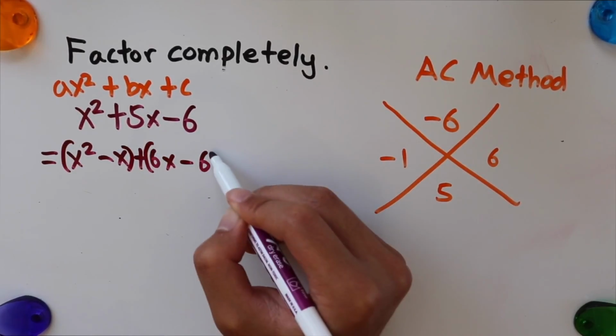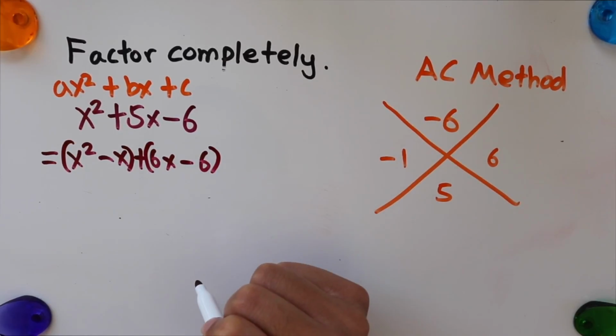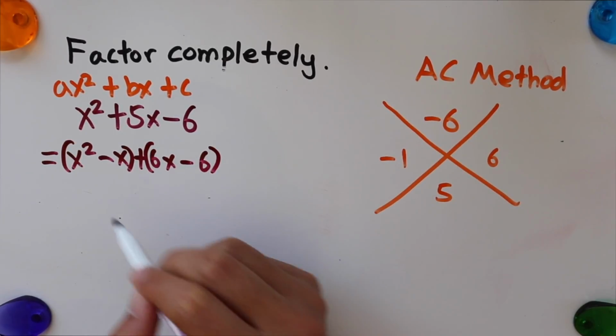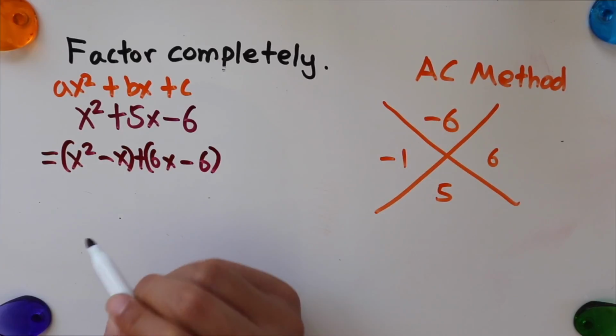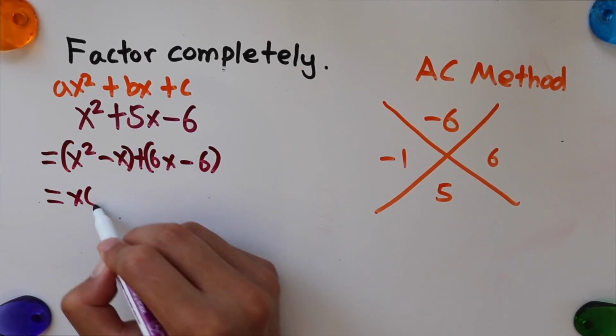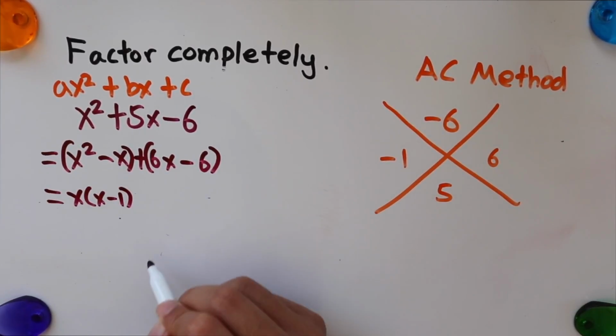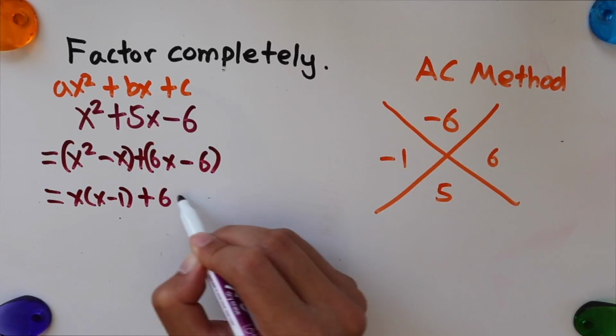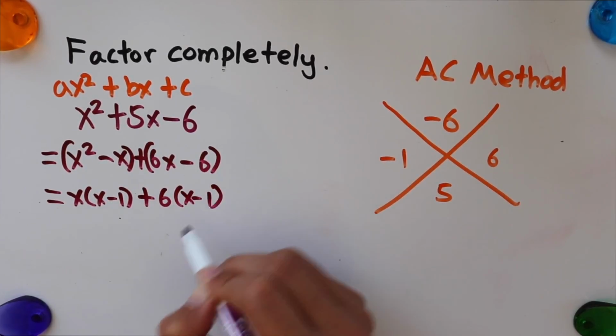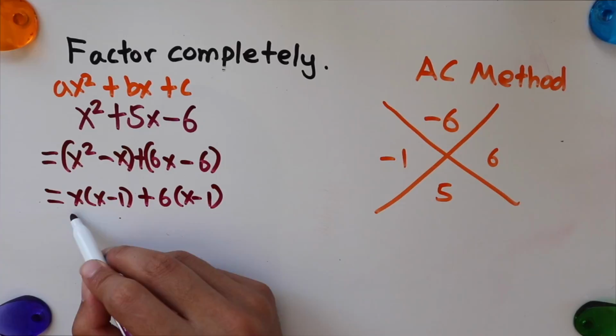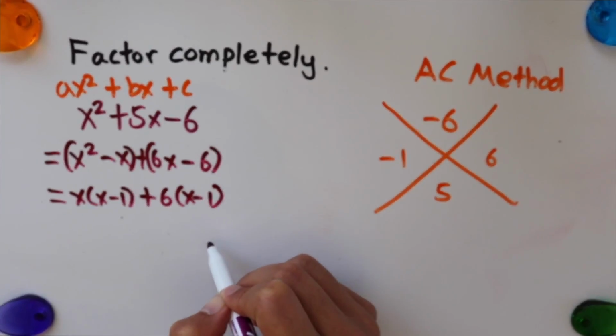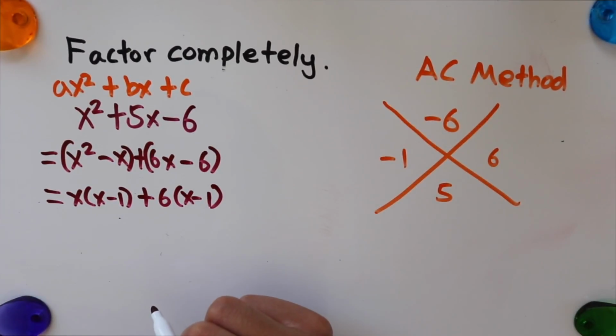So when we group these 2 terms and those 2 terms together, then look at this grouping and factor out an x. Look at that grouping and factor out a 6. We'll see that we get 2 giant new terms with an x minus 1 in common.